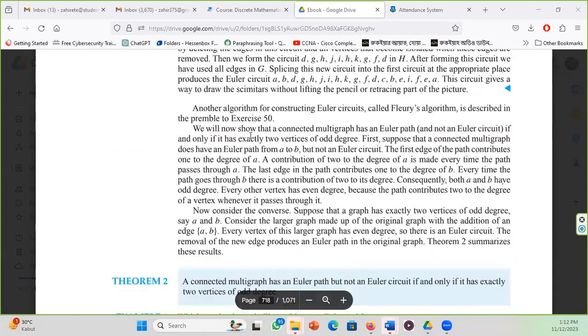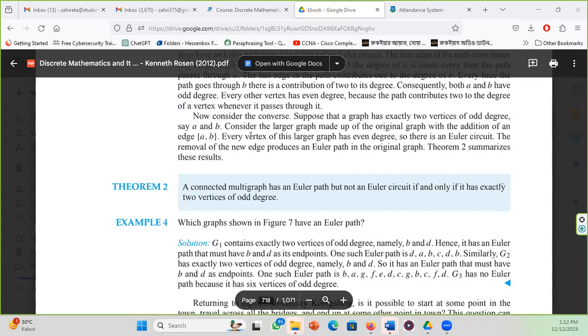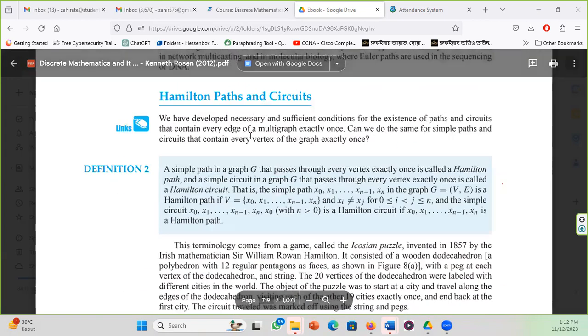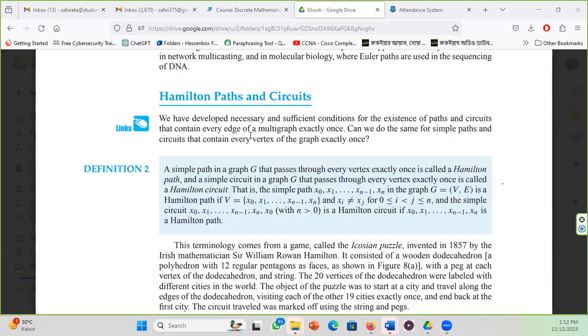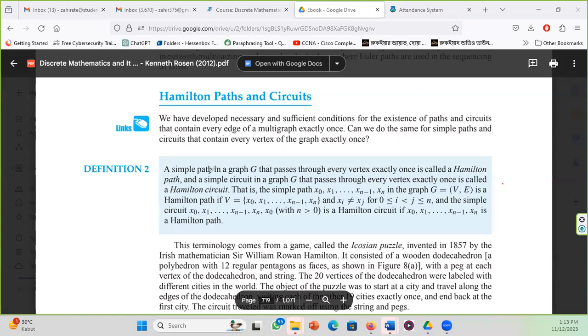Next one will be the Hamiltonian path. Yes, Hamiltonian path and circuit. So understand the definition. That is a simple path in a graph G that passes through every vertex exactly once, called a Hamiltonian path.